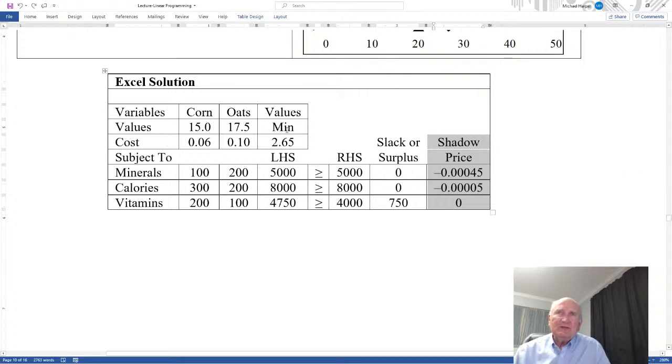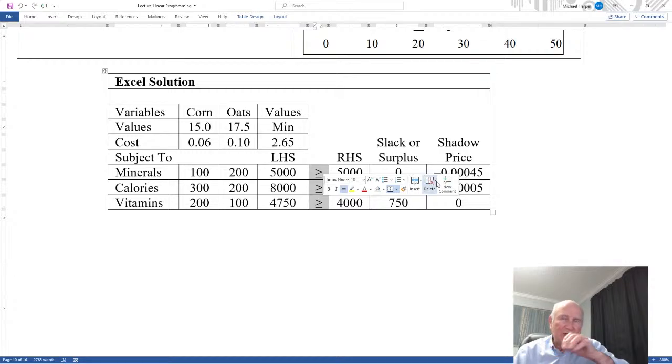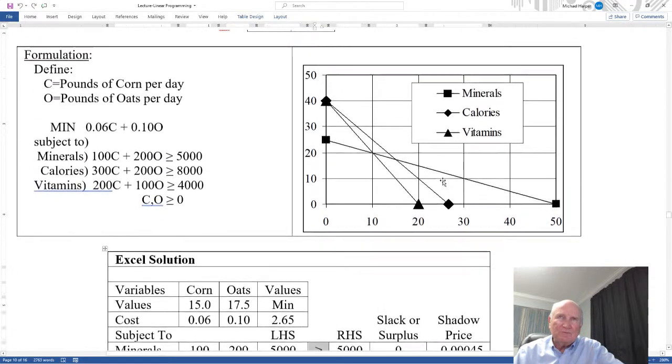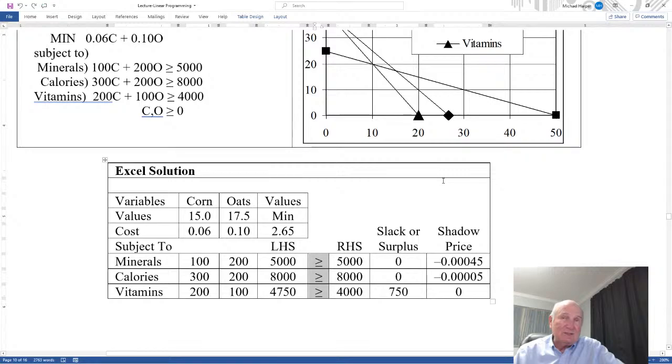But it's negative because we have a minimum objective function and greater than, and so if the right-hand side increases, then the objective function, it's a minimum, it's going to go up, and you have negative shadow prices. And so the interpretation will apply to a minimum and greater than. And down here below, I will interpret the shadow prices more. We won't get into shadow prices in this course unless you want to.